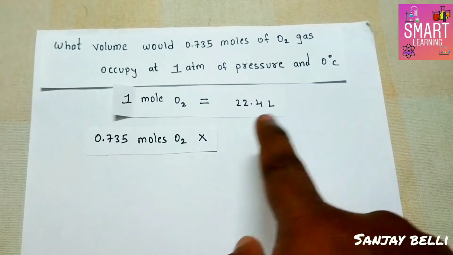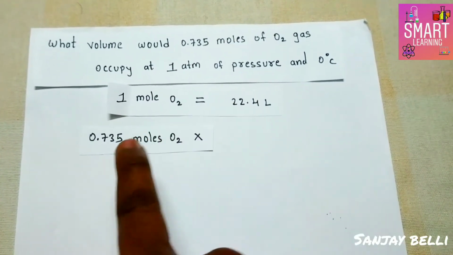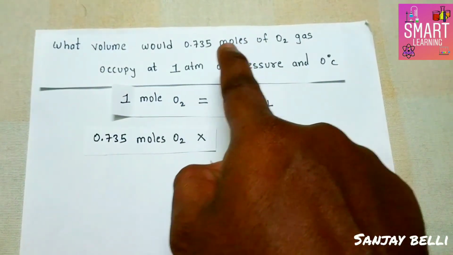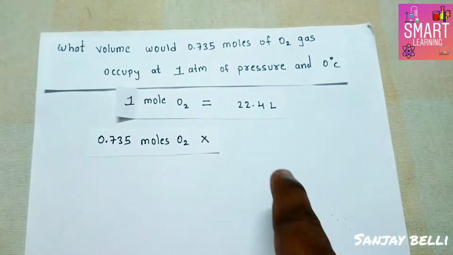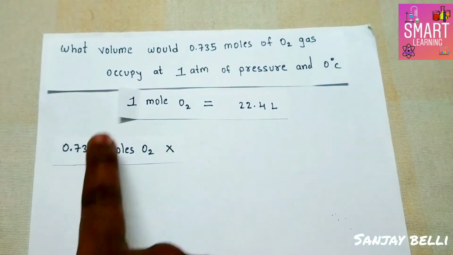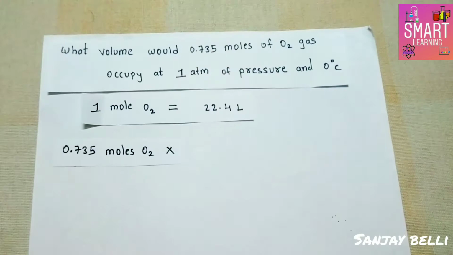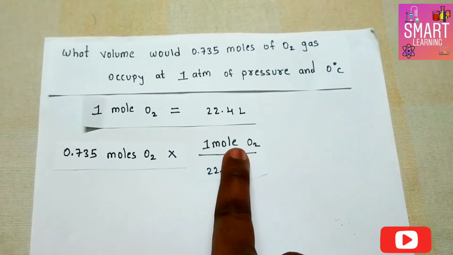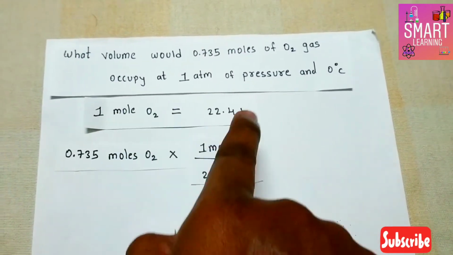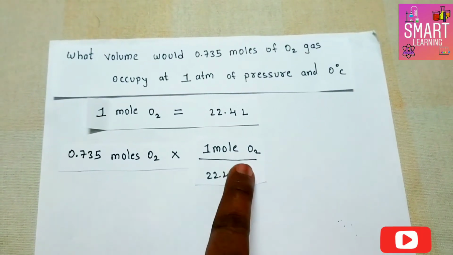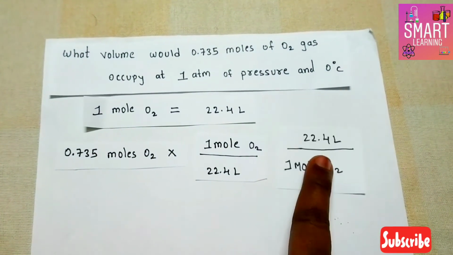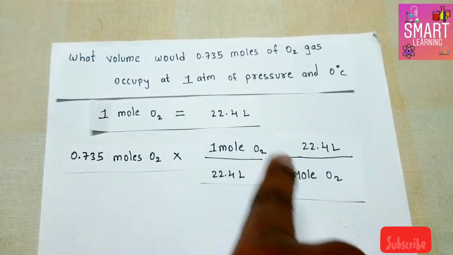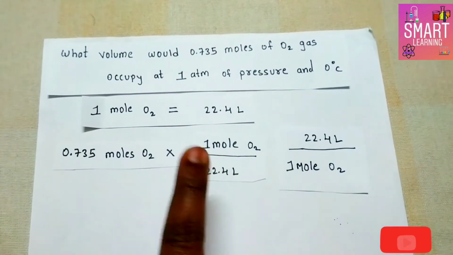So here we have to take the conversion factor to multiply with 0.735 moles. Here we have the two possible conversion factors. One, we can take 1 mole of oxygen by 22.4 liters, because this is your hint. Every time we will get a hint, and with that hint we use the conversion factor. The second one is 22.4 liters by 1 mole of oxygen, but we have to choose only one.